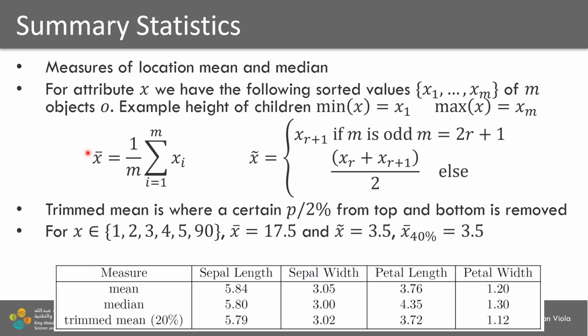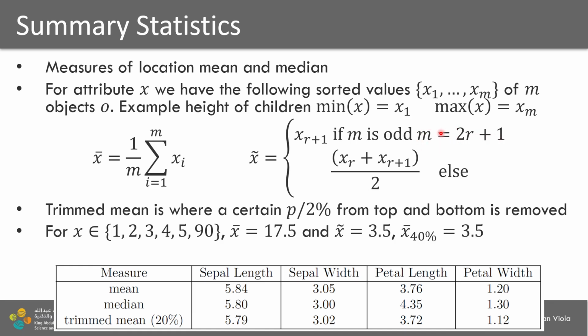So with this line above the x, we denote the sample mean. With this wave, or tilde, above the x, we define the median. So the median is x_(r+1) if m is odd and m is equal to 2r plus 1.